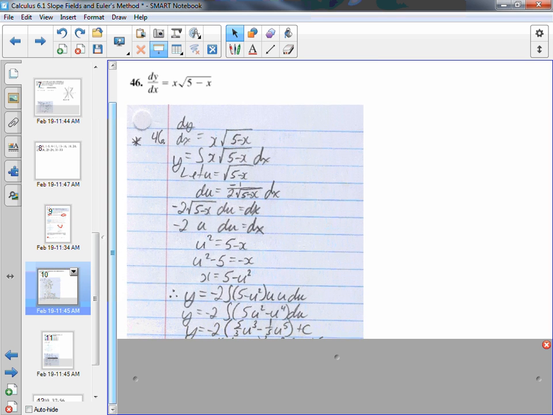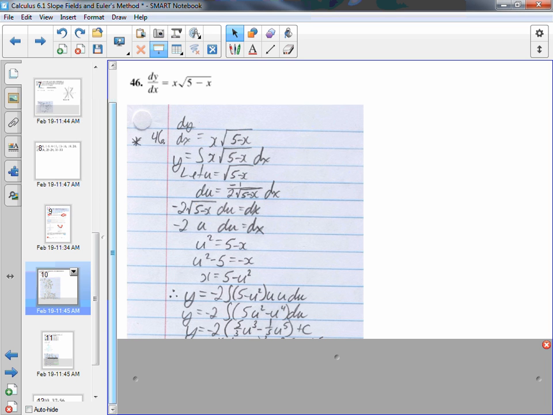So, y equals negative 2 times. Then take the antiderivatives for 5u squared. Add 1 to the exponent, make it a u to the 3rd. Divide your coefficient by the new exponent, so 5/3 u to the 3rd. Then for the negative u to the 4th, add 1 to the exponent. It's a u to the 5th.